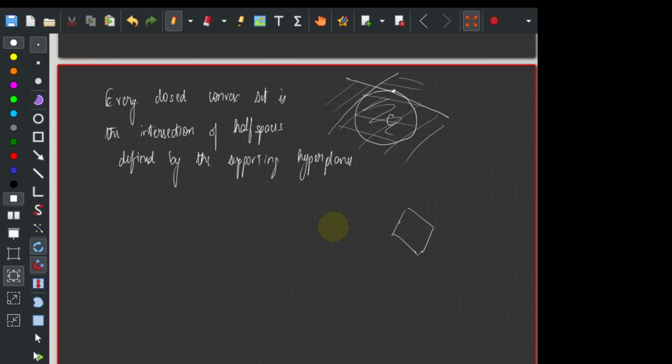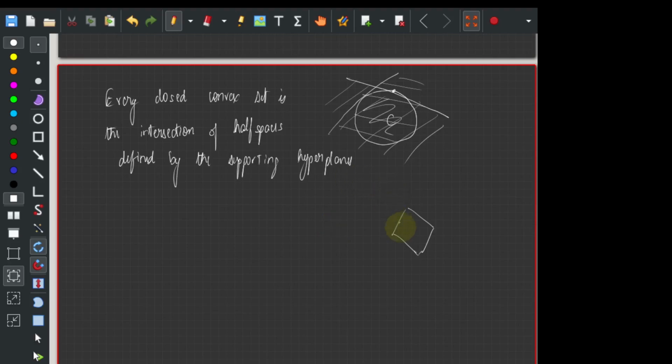But what about a point on the vertex? There are infinitely many supporting hyperplanes, but there's also another important property.